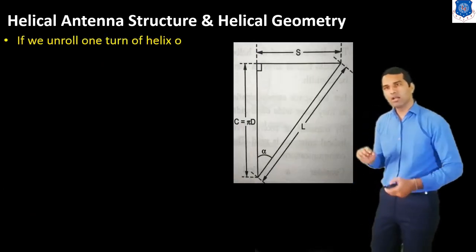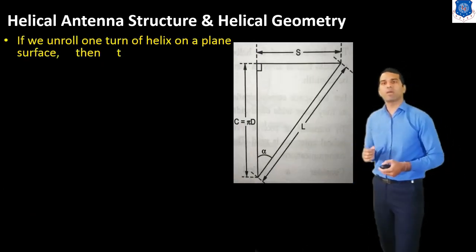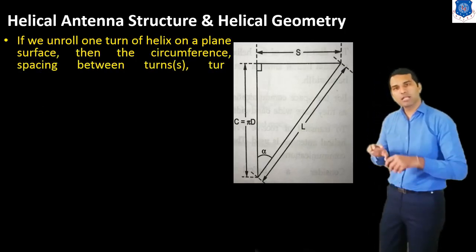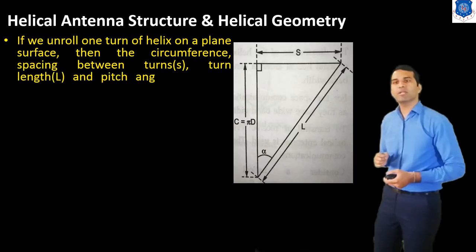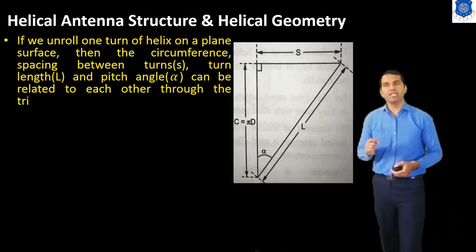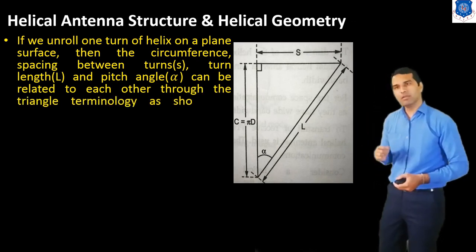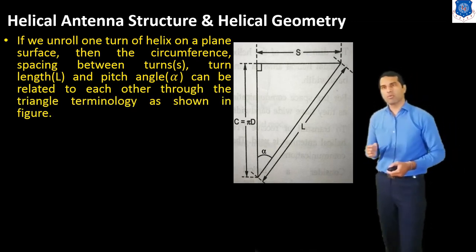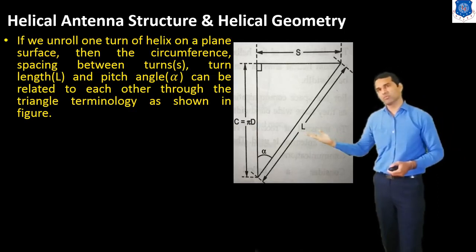If we unroll one turn of the helix on a plane surface, then the circumference C, the spacing between the turns S, the turn length L, and the pitch angle alpha can be related to each other through triangle trigonometry, as shown in this figure.